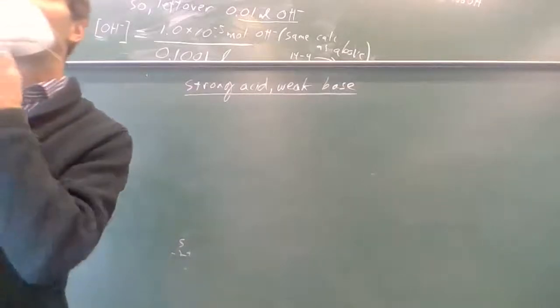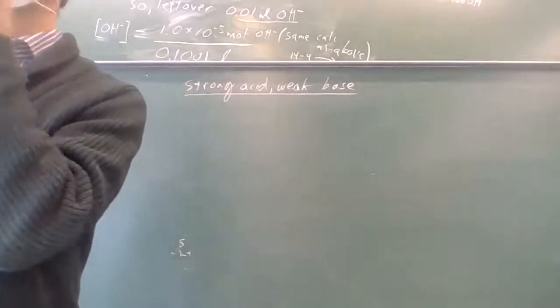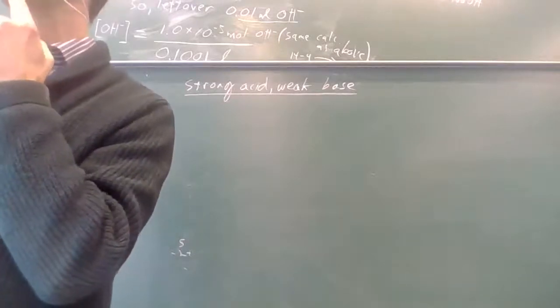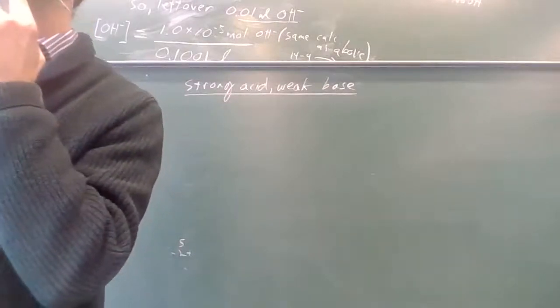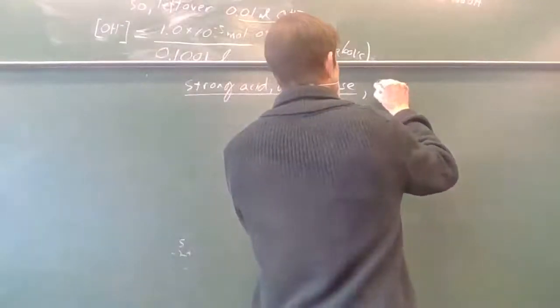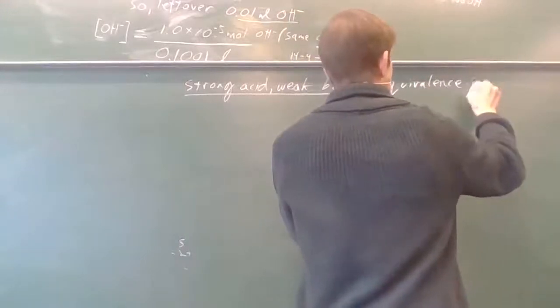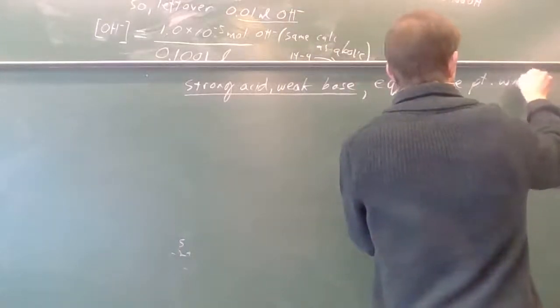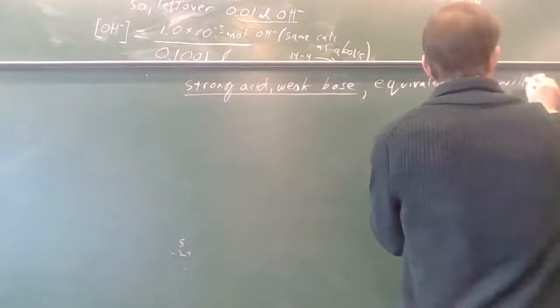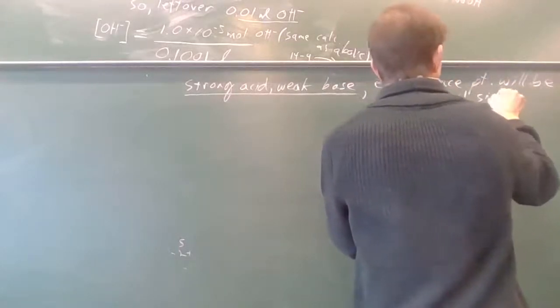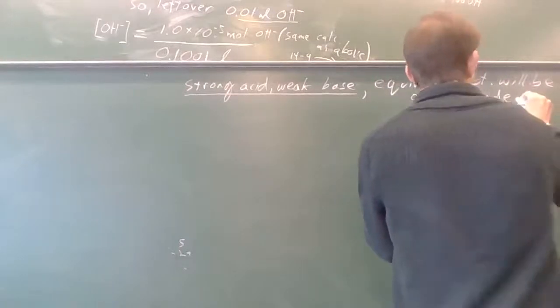Okay, look back on your chart. Which indicator probably is going to be the best of the three to use from our little chart of indicators last time, Anne-Sophie? Methyl red. So equivalence point will be on the acid side of 7.